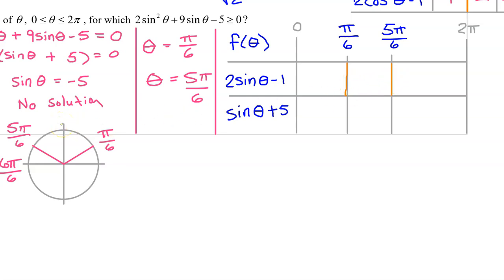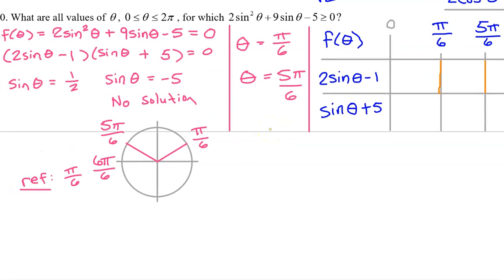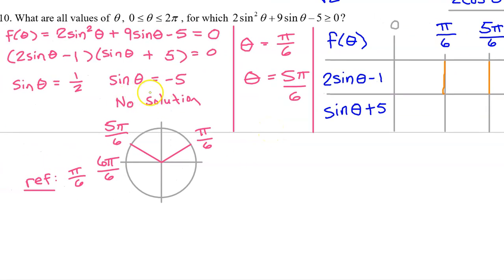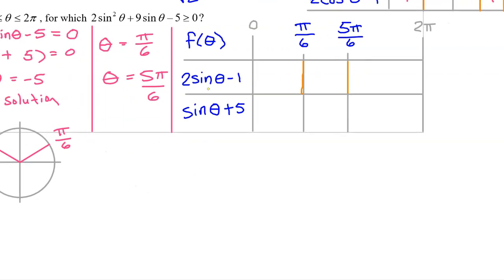The other factor of 2 sine theta plus 5 had no solution when we set it equal to 0. So that means that this factor gave us no critical values and there will be no sign changes. So sine theta plus 5 will either be negative the entire time or positive the entire time.